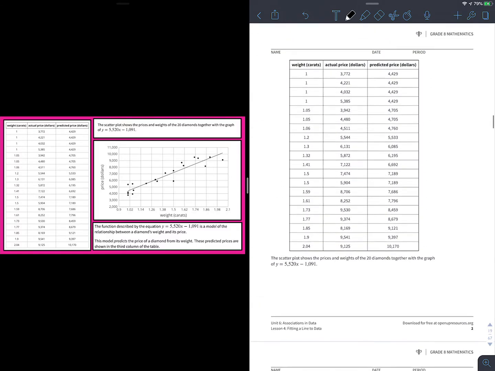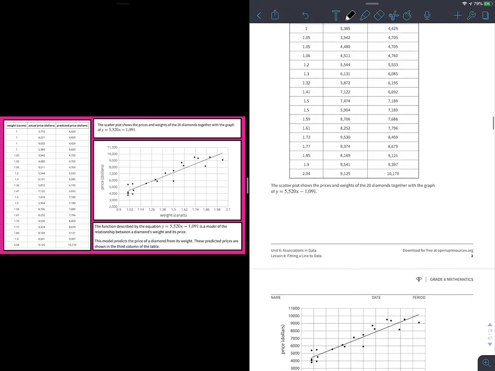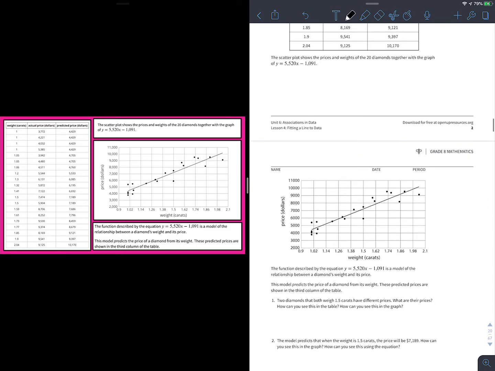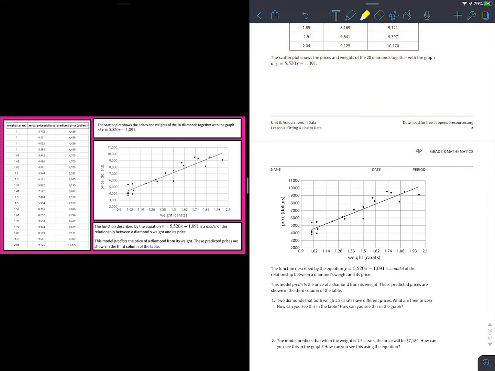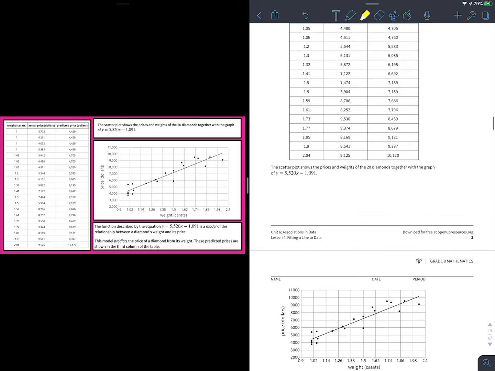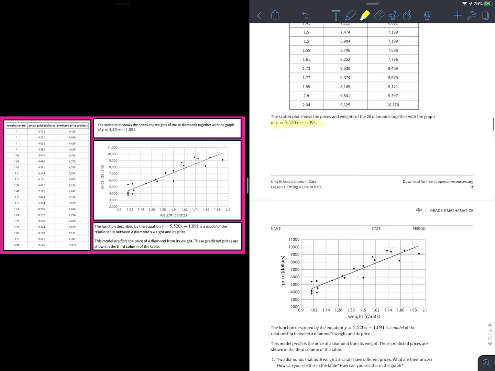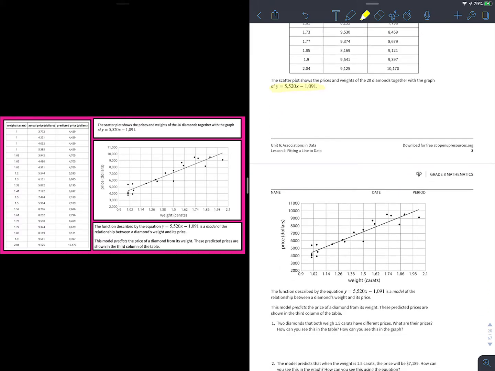I'm going to scroll so we can just highlight some of these key pieces together before you work. The scatter plot shows the prices and weights of 20 diamonds together with this graph of an equation, y equals 5,520x minus 1,091. That's part of that scatter plot.